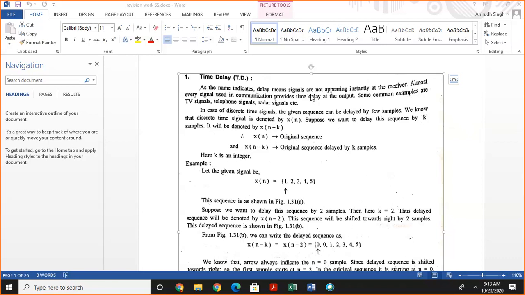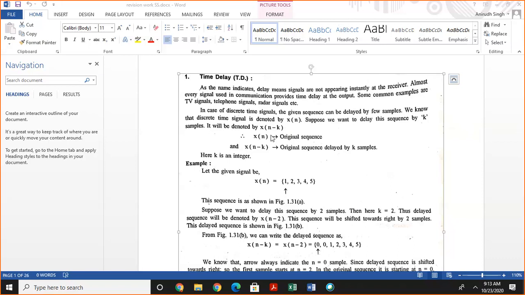Means if we transmit any signal at time t is equal to 1, at the receiving end this signal does not appear at time t. This signal appears after a 1 or 2 minute delay.